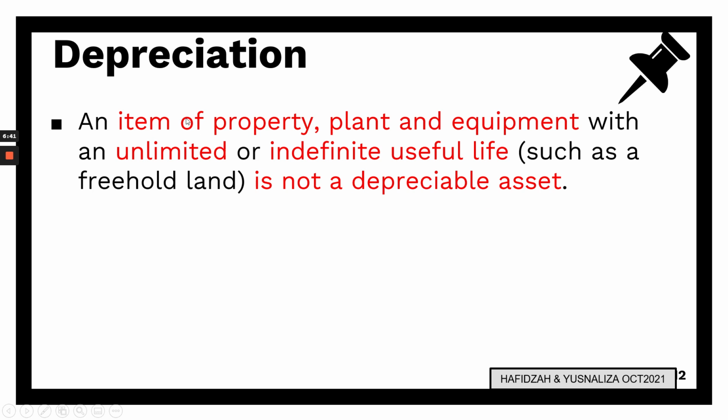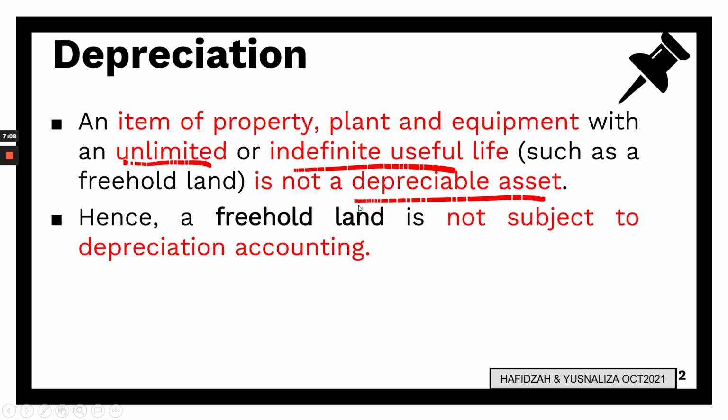And when we talk about depreciation, an item that is being depreciated will be the one that has limited useful life. Therefore, if you have an item of PPE that has unlimited or indefinite useful life, that is not a depreciable asset. So a depreciable asset only refers to an asset that has limited or definite useful life.